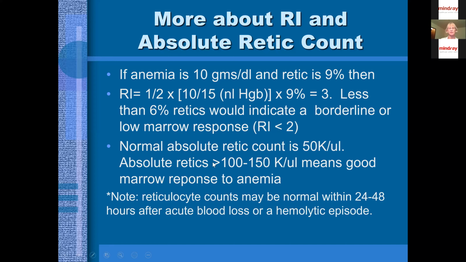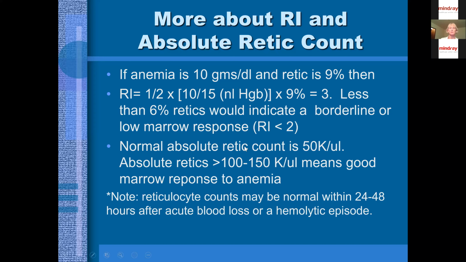Now, I prefer to think about and use the absolute reticulocyte count as opposed to this reticulocyte index. The absolute reticulocyte count is the reticulocyte percentage times the red blood cell count, and it's usually provided automatically by these hematology analyzers that measure reticulocytes.